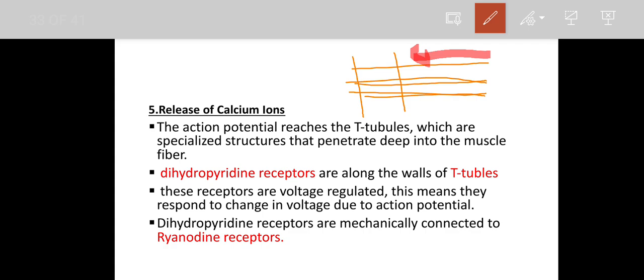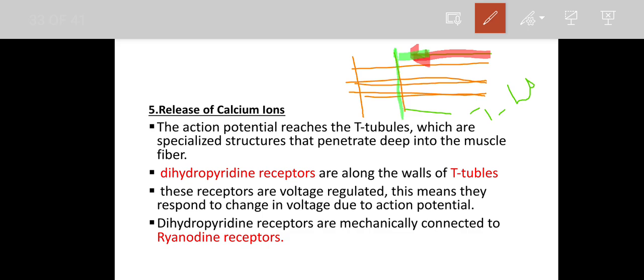The action potential reaches the T-tubule. The action potential which is coming here reaches this T-tubule now. The T-tubules are specialized structures that penetrate deep into the muscle fiber, as you can see here.